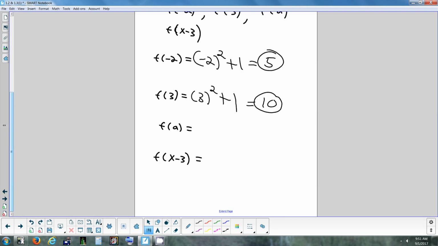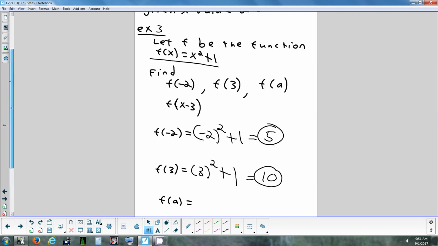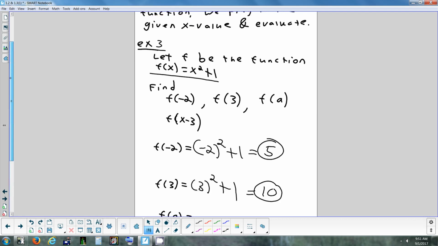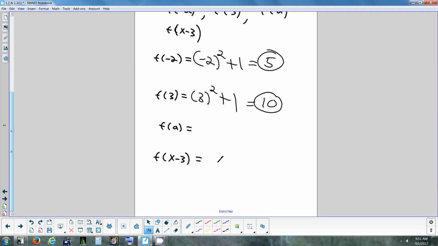Now, if you want me to do the last one, it says to plug in x minus 3, square it, and add 1. How do you do x minus 3 squared? Sometimes people have a word they use to remember how to do it. Dylan, you remember how to do that? You would just do x minus 3 times x minus 3, but I'm not sure what it's called.